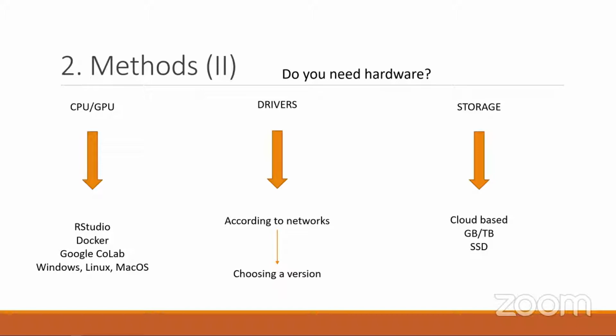Also about the disk space, do we need a really quick SSD disk storage or not? So with that, I just want to provide you with a critical thinking of how to start a project.